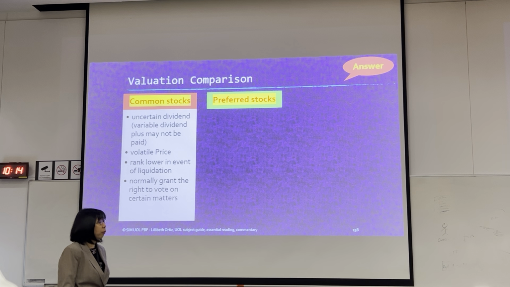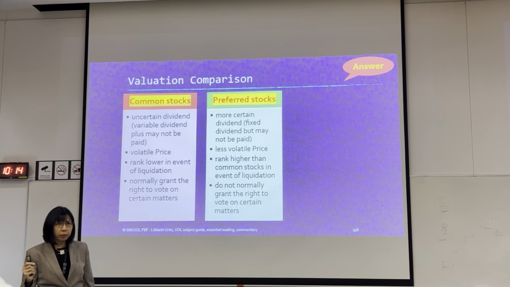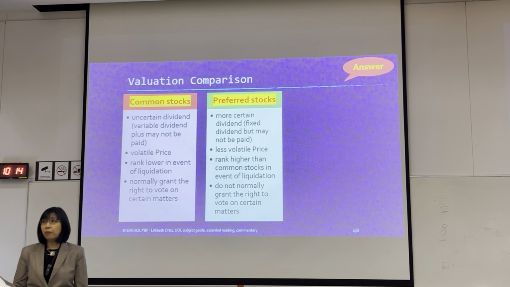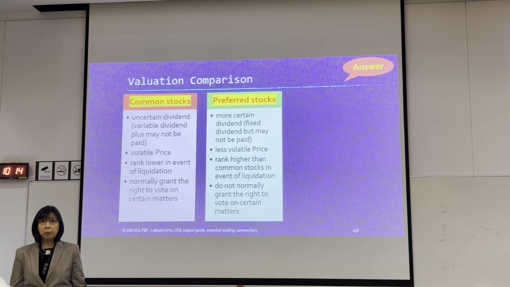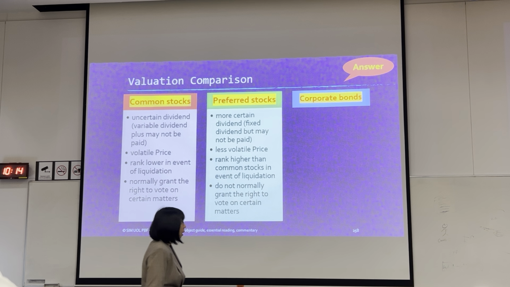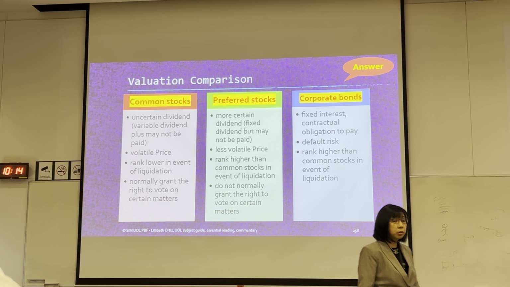Preferred stock has a fixed percentage of dividend that's paid. So it's a little bit like a bond, where you know how much dividend is paid. But if the company doesn't have enough funds, it also doesn't need to get paid, again, because these are owners. Corporate bonds, on the other hand, are obligations, they're debt.